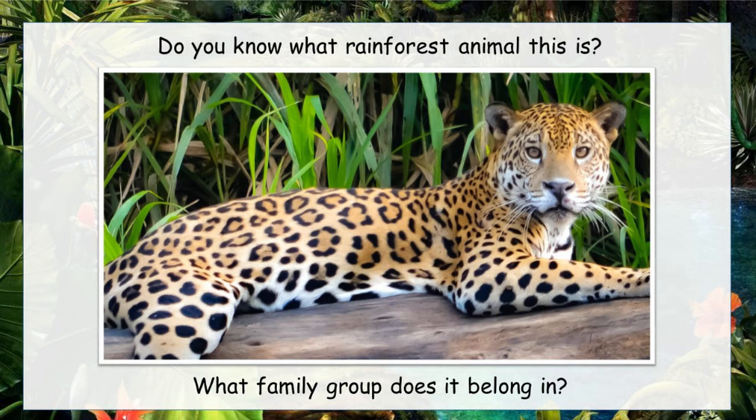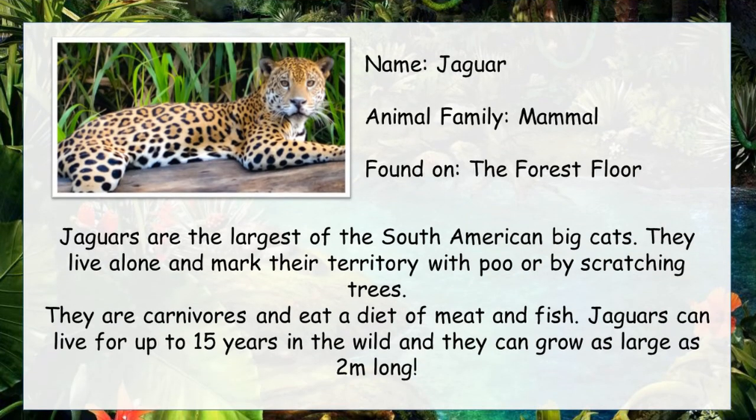Well, I told you that the rainforest is a dangerous place, and this is one animal you do not want to come across when you're exploring. This is the jaguar. It's from the animal family group of mammals, and we find it on the forest floor. Jaguars are the largest of the South American big cats. They live alone, and they mark their territory with their poo or by scratching on trees, so you'll know if you're near one.